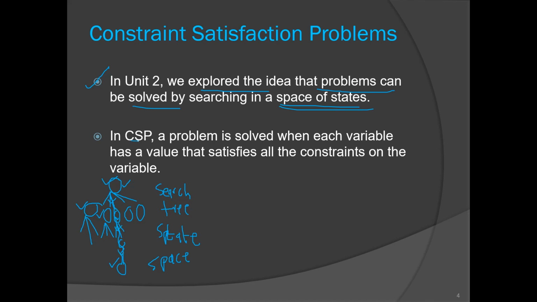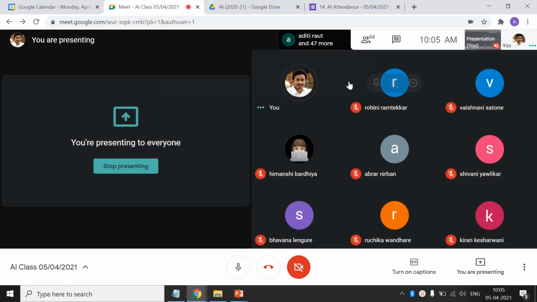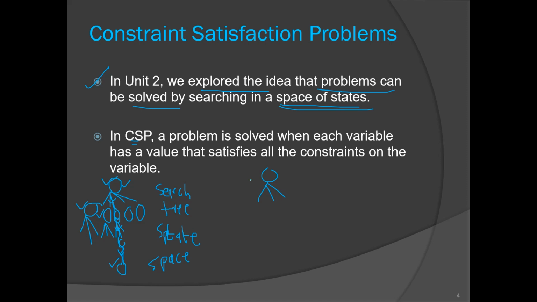Now in CSP also we are going to find a search tree, but here in each step we will be assigning a value to a variable. At a node we will be having a variable.